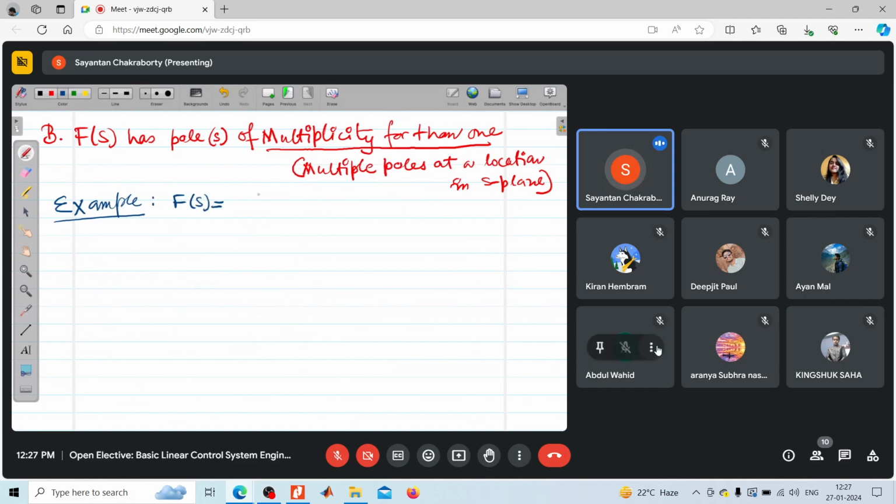So your Fs, say, is s square plus 2s plus 3 divided by s plus 1 whole cube.